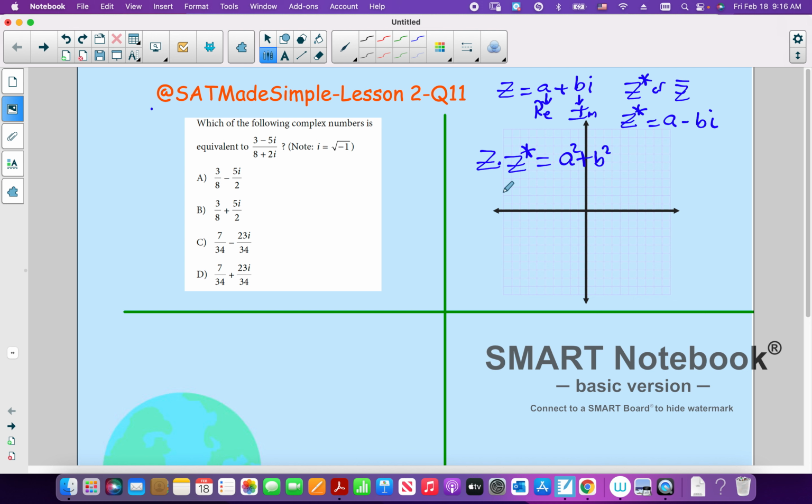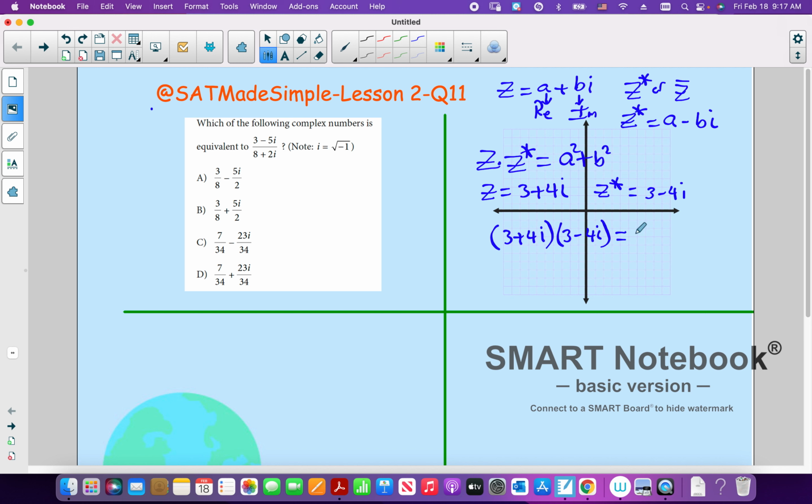So if I have, for example, z equal to 3 plus 4i, its conjugate will be 3 minus 4i, and if I multiply 3 plus 4i by 3 minus 4i, I don't have to FOIL it.